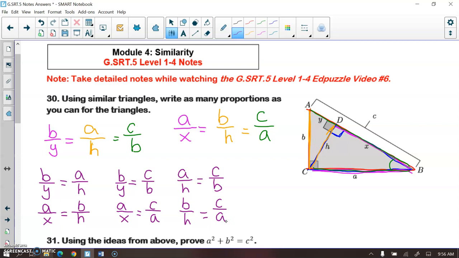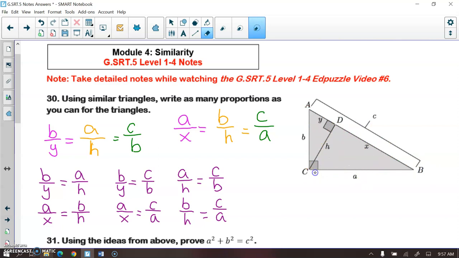And then, with that information, since I know that this triangle is similar to my big triangle, and this triangle is similar to my big triangle, I can say these triangles are similar to each other.